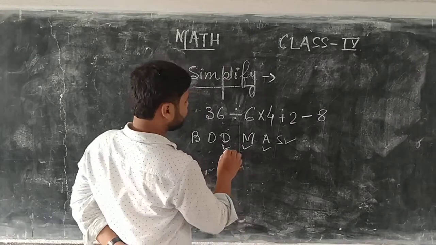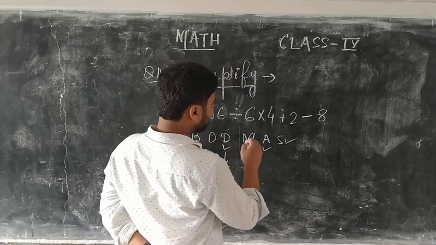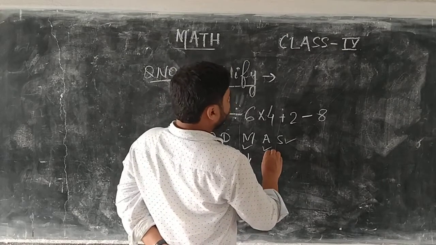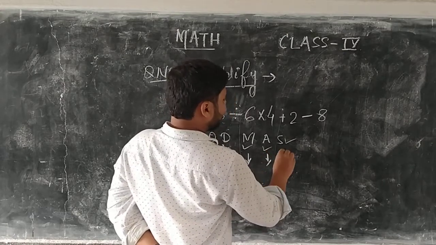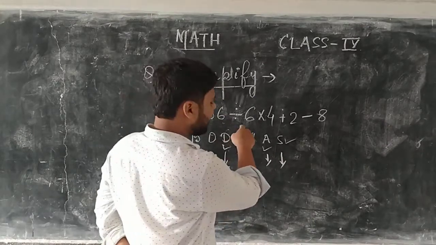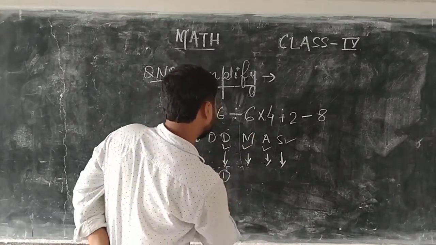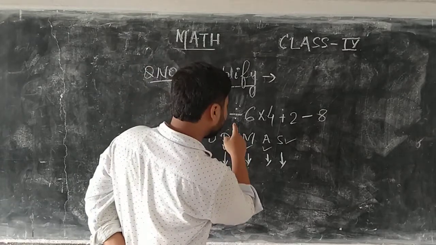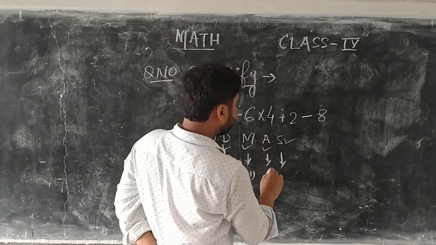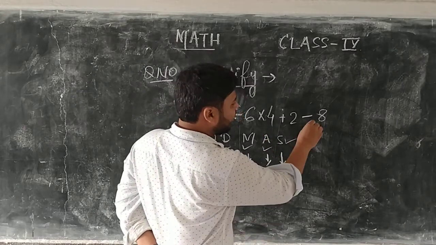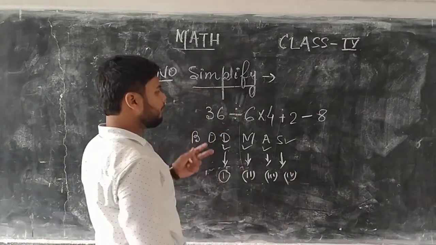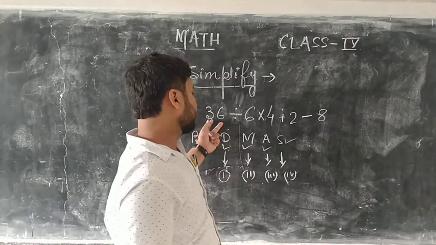First comes division, after that multiplication, after that addition, after that subtraction. It means the first work is division, the second work is multiplication, the third work is addition, and the last work is subtraction.